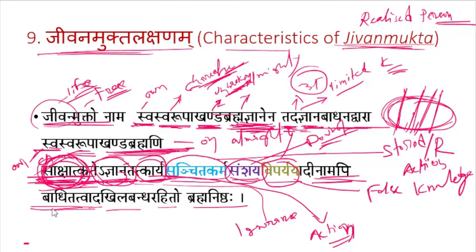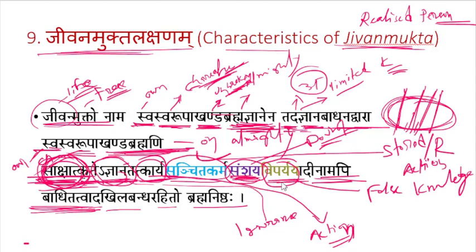Adinam api badhitatvat. Adi means etc. What are the etc.? Sanchita karma, the stored or reserve actions. Samshaya means whatever doubt you may be having, this or that. Like you are getting doubt whether this is a rope or a snake. Viparyaya also means false knowledge.